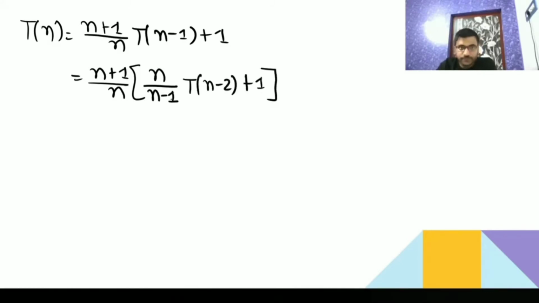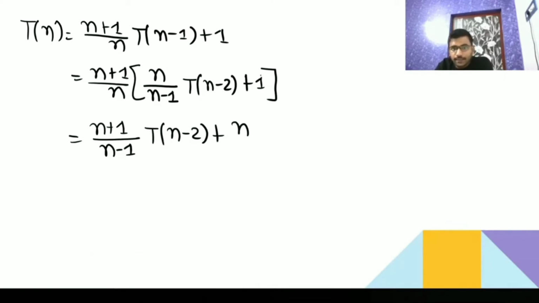Use your notebook. Now do the multiplication. The n and n are going to cancel. You are going to get n plus 1 over n minus 1 times Tn minus 2, plus, multiplying with 1, n plus 1 over n.